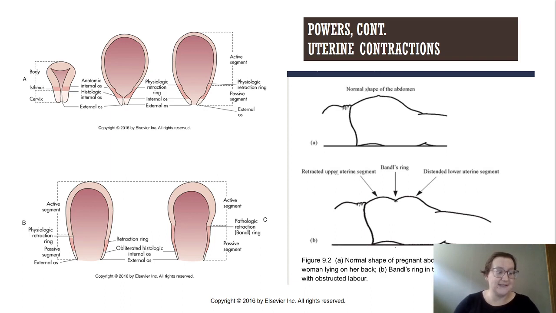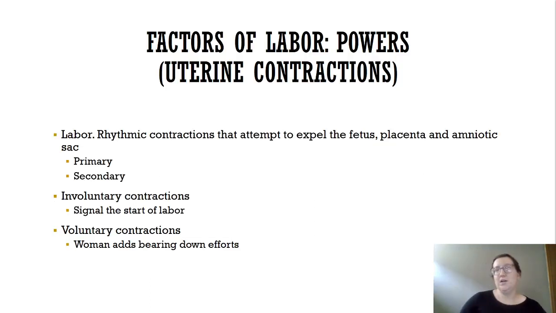It's not falling out or anything like that, but it slides up the sides of that uterus. Go back here. So we want to have that moving up towards the uterus in order for the lower uterine segment to gradually distend.